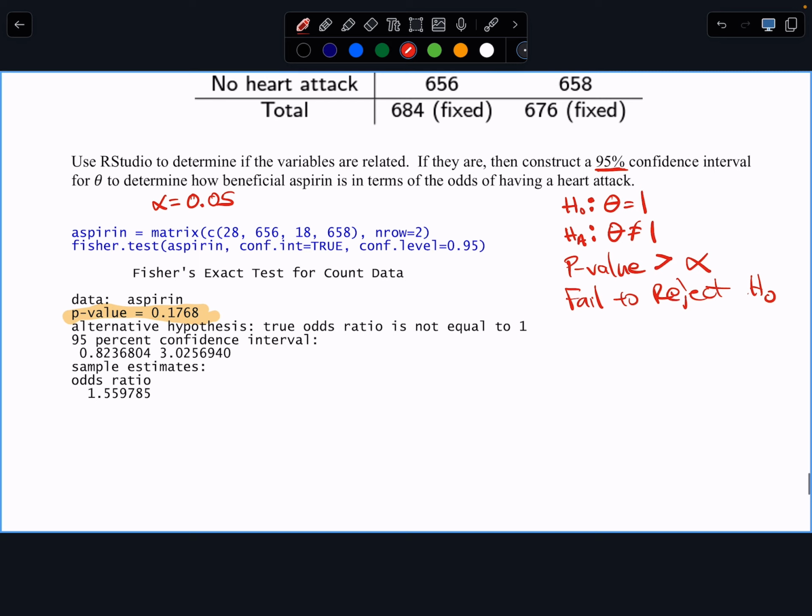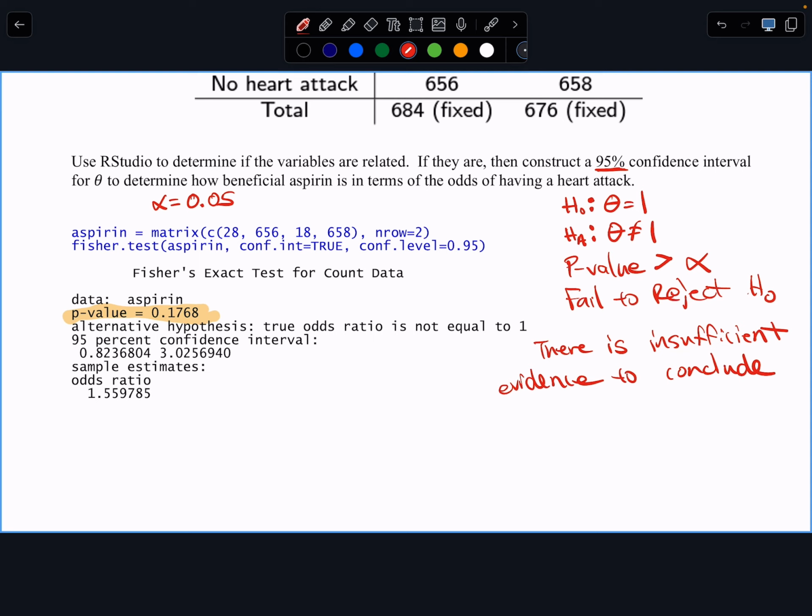So in this study, based off of what I have here, there is insufficient evidence to conclude that these two variables are related. We have not gathered enough evidence to conclude that those variables are related, right? So I can write that as my conclusion, all right?